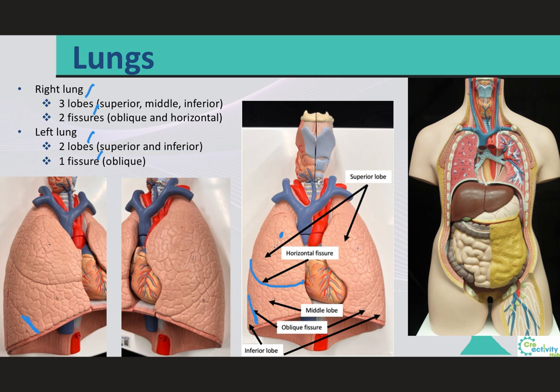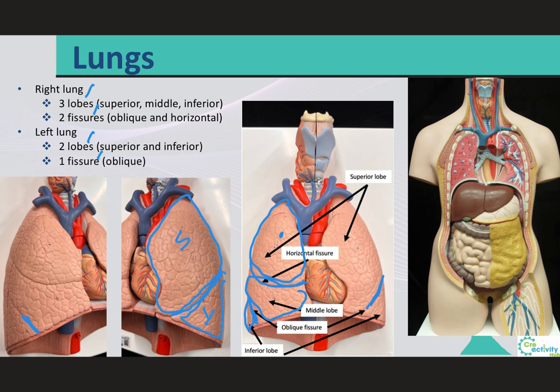And therefore, these fissures will separate the right lung into the superior lobe, the middle lobe, and the inferior lobe. Now the left lung, like I said, will have only 1 fissure, which is the oblique fissure, and we can see it better on this image. And this 1 fissure will separate it into 2 lobes, the superior lobe on top and the inferior lobe on the bottom.